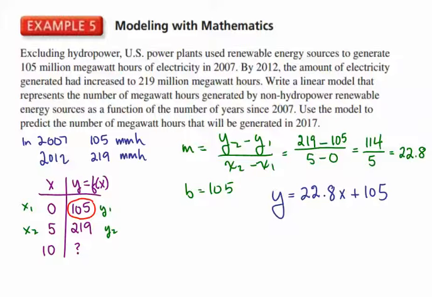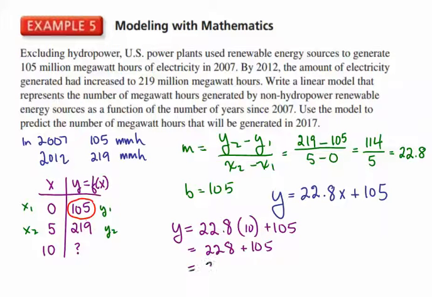And the final thing that we wanted to do here was to figure out what y would be when x is equal to 10. So we're simply going to plug in y is equal to 22.8 times 10 plus 105, and when we do that we get 228 plus 105, which is 333.